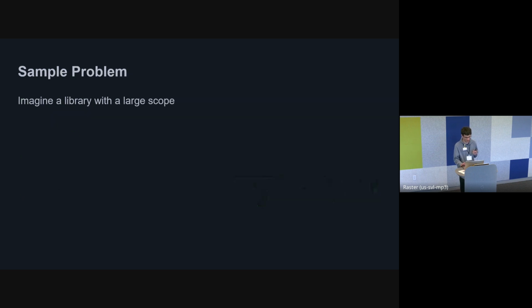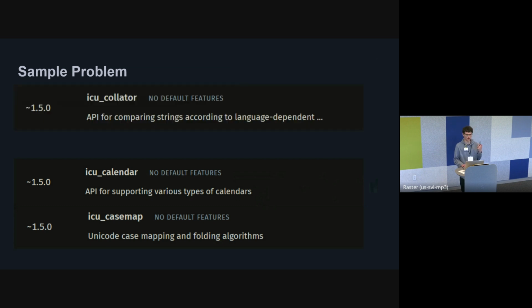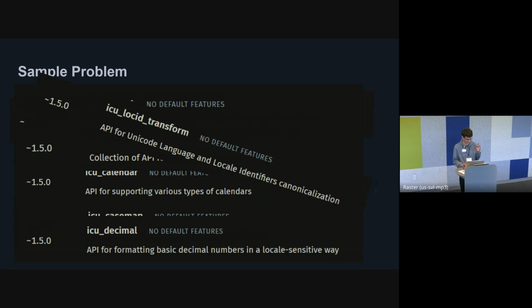So I have a pure hypothetical for everyone involved. Let's say we're building a library with a really large scope. And I don't know, let's say it's about internationalization, like anyone would ever make a library covering that, right? So there's a lot involved in making an internationalization library. Let's say, for instance, we have a crate handling conversion between different calendars, or mapping cases in strings, or collating strings, or, oh, wow, look at this.